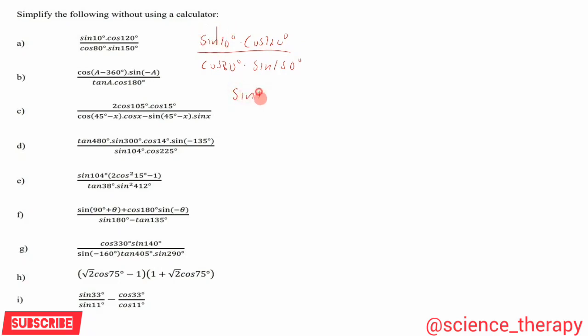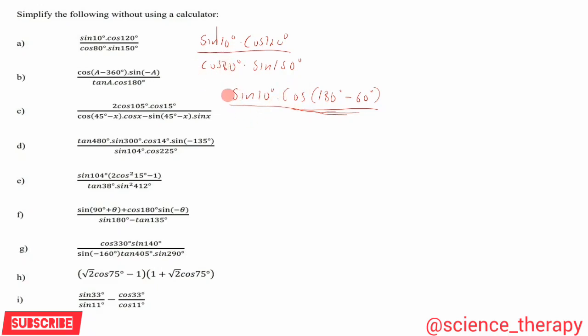Let's say we leave sine 10 the way it is. Now let's write cos 120 in terms of the reduction formulae, so we have 180 degrees minus 60 degrees. I'm choosing this one to avoid having to deal with a lot of cofunctions, so I do not have to remind myself of changing the cos.